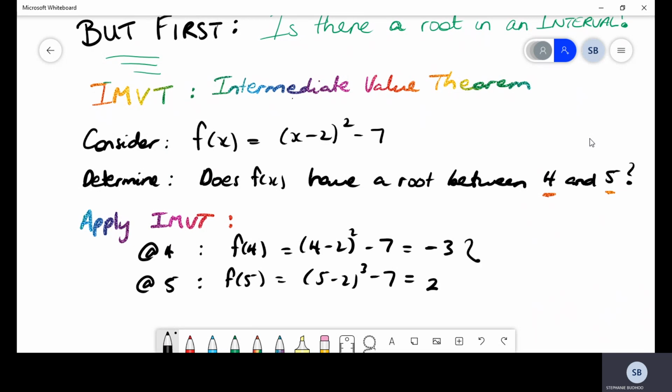Notice how there's a change of sign between these two values, and essentially that is what you are hoping to find. When you're testing these end values, trying to determine whether between 4 and 5 this function crosses the axes, or is there a root, you need to look for a sign change.